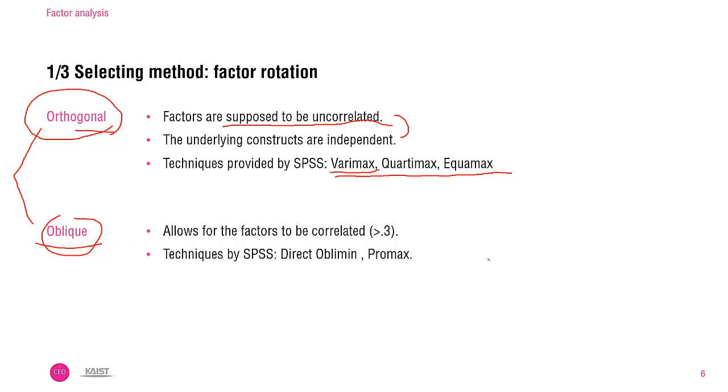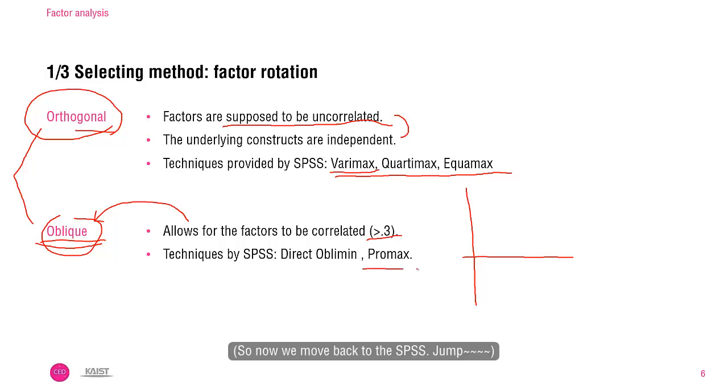So unless you intend to draw factor 1 and factor 2 in a perpendicular way, and you conceptually just extract the dimensions, and the dimensions are not necessarily perfectly independent from each other but somehow correlated, and you allow that situation, then it's a milder way of extracting factors. So you can choose oblique rotation in case you allow the factors to be correlated. The most frequently used oblique technique is Promax.